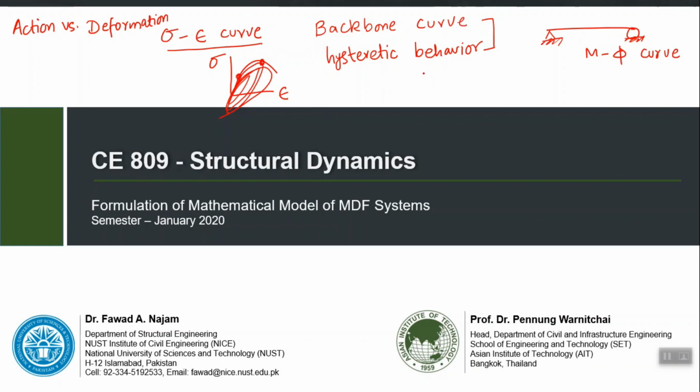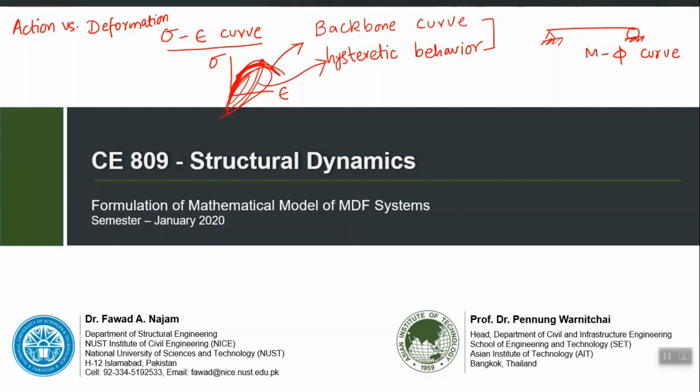So if I say that this curve is the backbone, the complete cyclic behavior is called hysteretic behavior. In essence, the complete cyclic nonlinear behavior for any material, cross section, member or structure can be described by a combination of both of these things, backbone as well as hysteretic behavior.